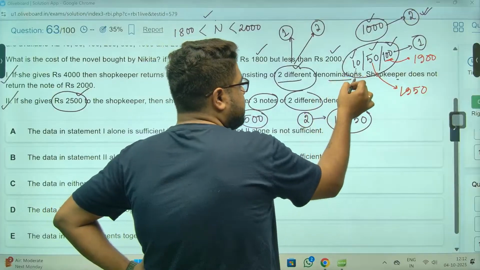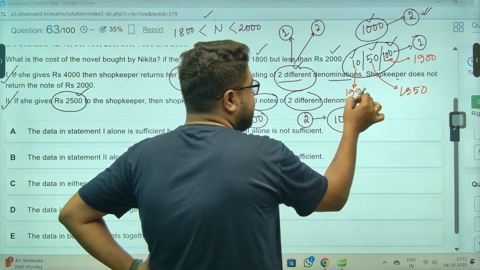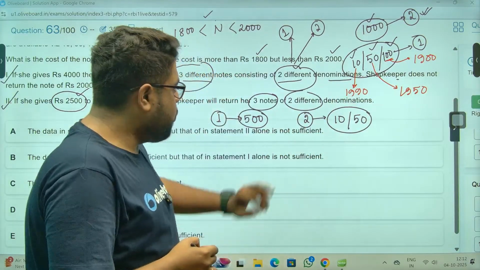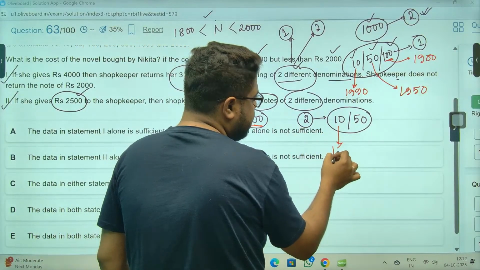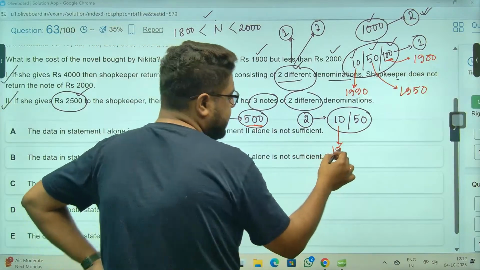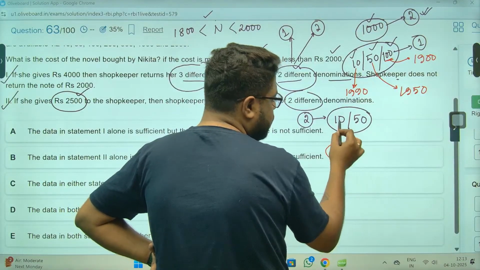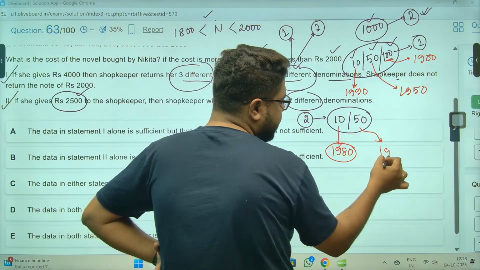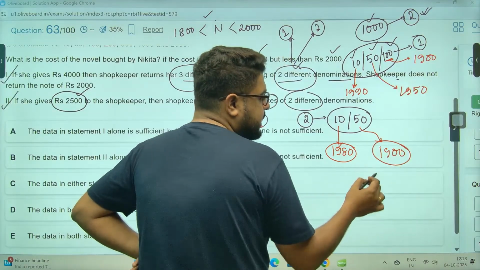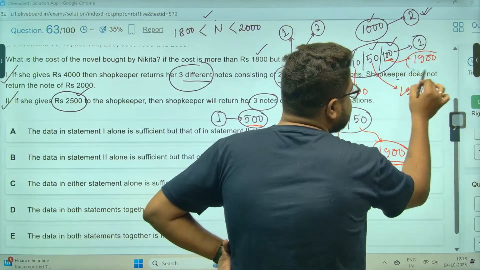In this case, the price of the novel is 1990 rupees. Over here, this is 2000 gone, so in this case the price of the novel is 1980 rupees, sir. And in this case, 2000 minus 100, it will be 1900 rupees. Sir, is there any common? Sir, this is common, sir.